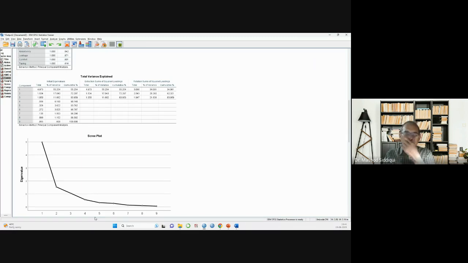The elbow position represents the appropriate number of factors that should be taken. But the issue with this observation is that for some people, the elbow is here. So if we go with this elbow, that person would recommend the number of principal components as 2. For some people, the elbow can be at this position, that is 4.